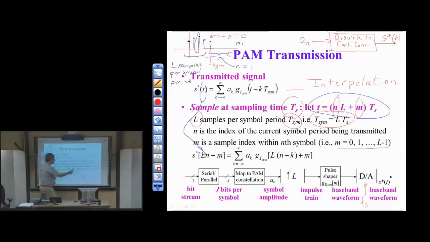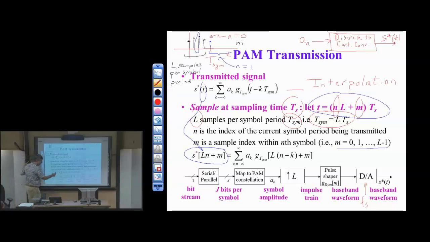What my symbol index tells me is where I am on the time axis, by multiplying the symbol index by L. And then I find out where I am within that symbol period by knowing what little m is. So if I sample this, once I've sampled at the sampling time, I now know that I can just worry about discrete time. I can abstract away the sampling time.